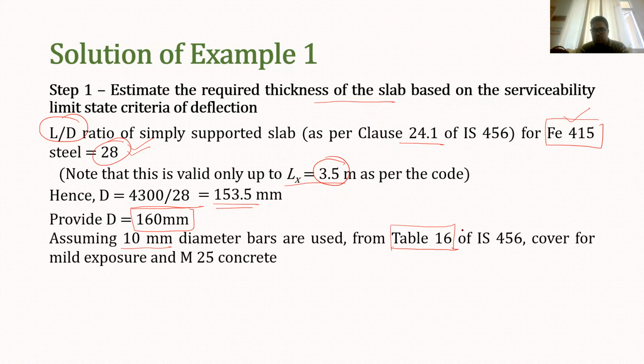In Table 16, we see that the nominal cover is based on the exposure condition, and exposure is already provided in our problem, which is mild exposure. So for M25 grade of concrete and mild exposure, using Table 16, we get the clear cover as 15 mm.